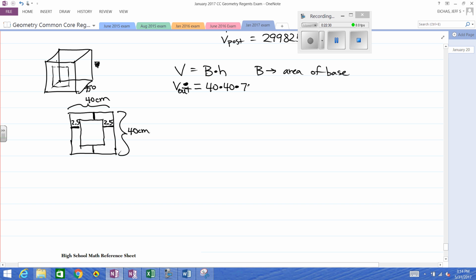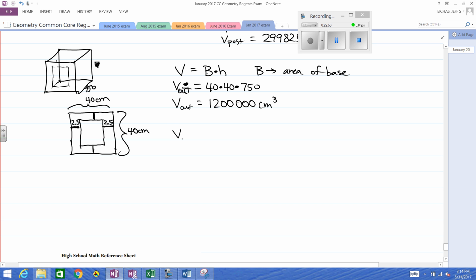So that's times 750. So the volume of the outer side of the post is going to be 1.2 million, cm, centimeters cubed.